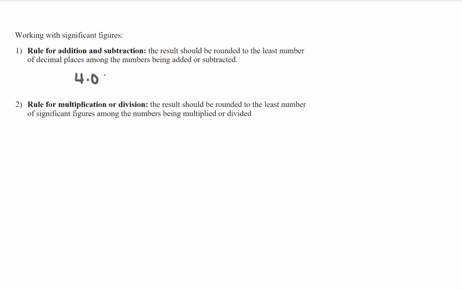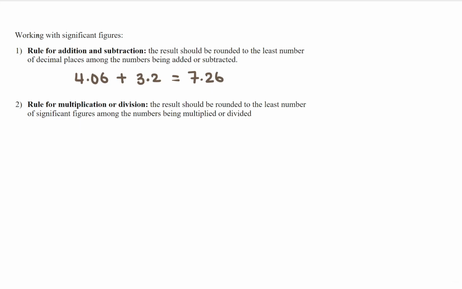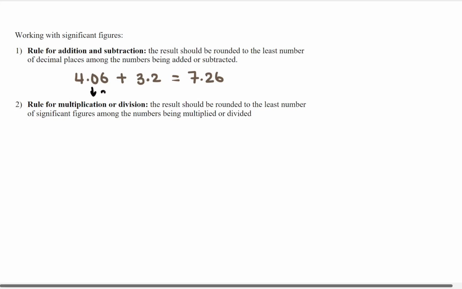So if you're adding 4.06 with 3.2, we'll get 7.26. Here, 4.06 has two decimal places, and 3.2 has one decimal place.